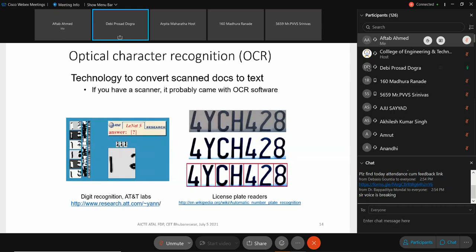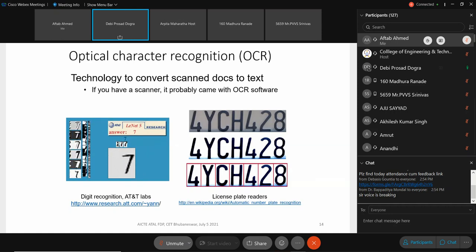You'll find that sometimes they are able to correctly find out what the digit is, and sometimes they are not able to. But later on, many advanced techniques came, and it was able to recognize these digits with highly accurate systems.